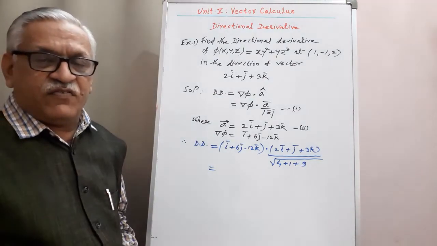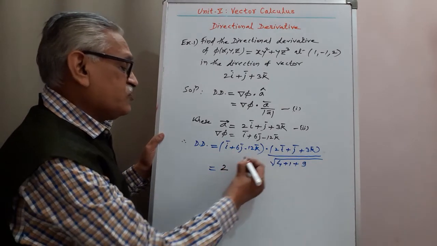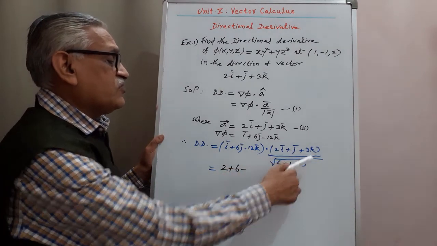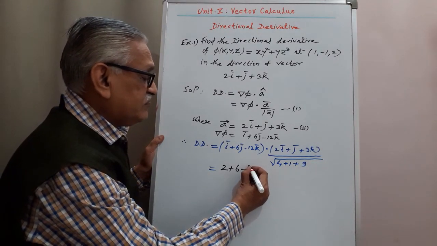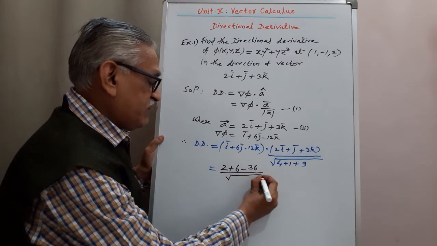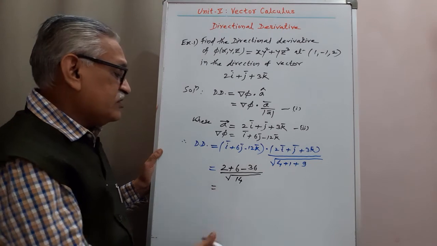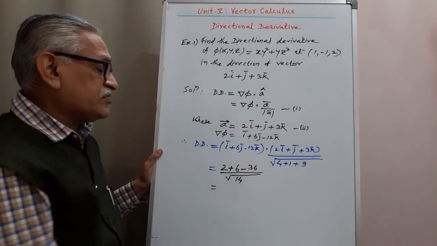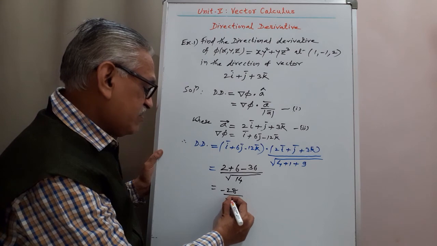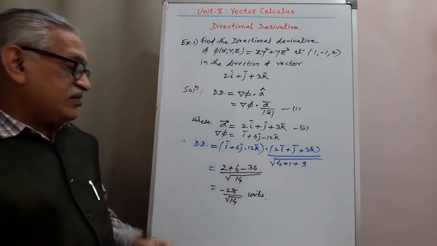the dot product of two vectors, which is a1 b1 plus a2 b2 plus a3 b3. Therefore 1 into 2 we get 2, 6 into 1 we get 6, and minus 12 threes are 36, divided by root of 4 plus 1 plus 9, that is 14, and therefore it is 2 plus 6 minus 36, which is minus 28, divided by root of 14 units.